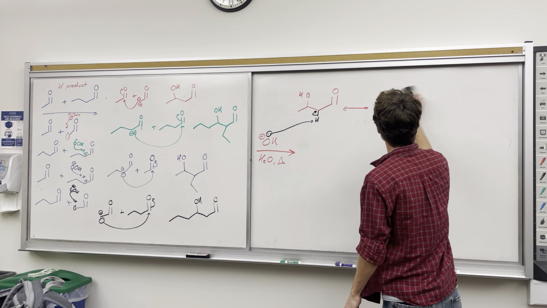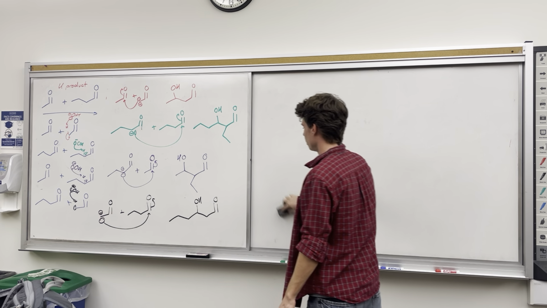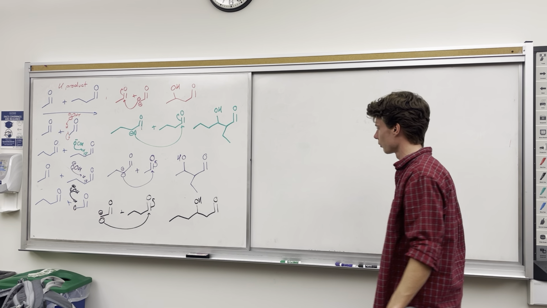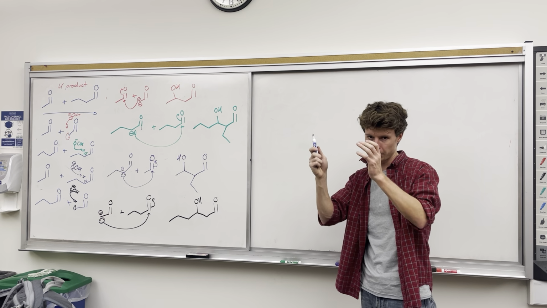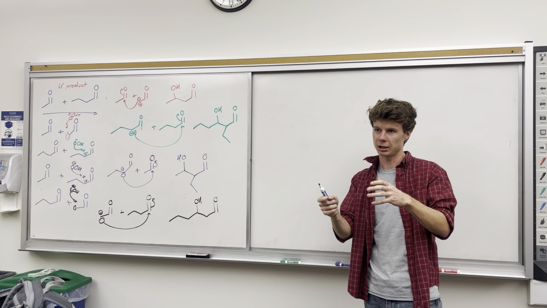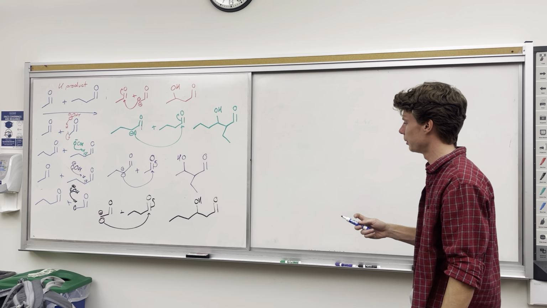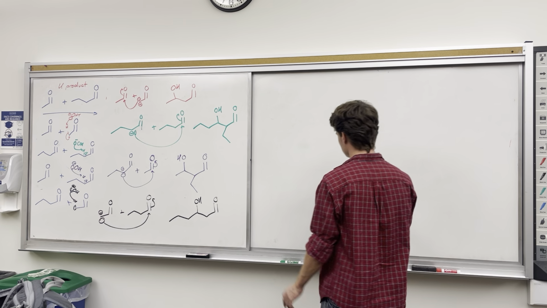So I'm going to go through these kind of quickly. I won't do all of them. You can do them if you want. You should expect in the product to be a double bonded CO, and then it will be conjugated with a CC double bond.